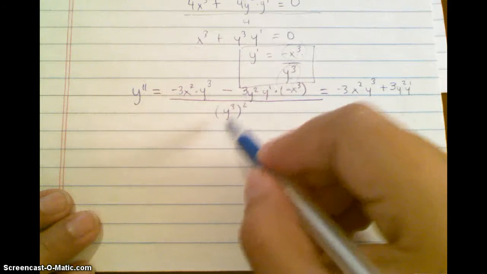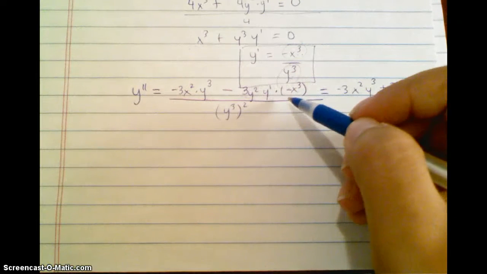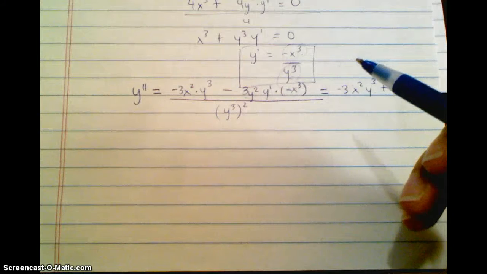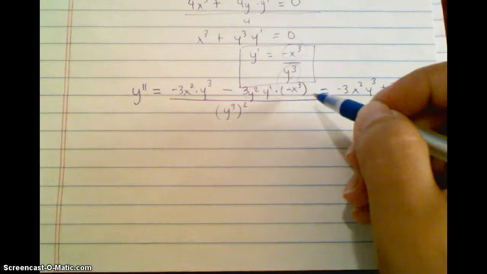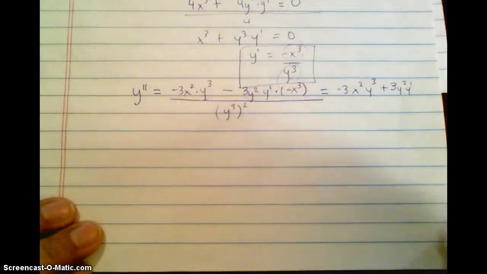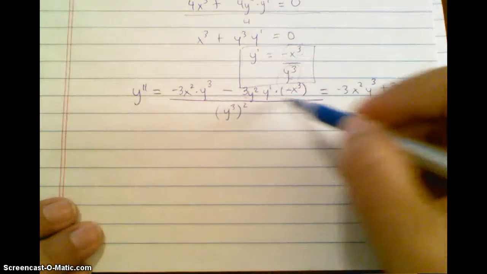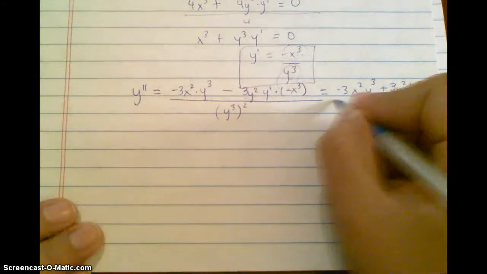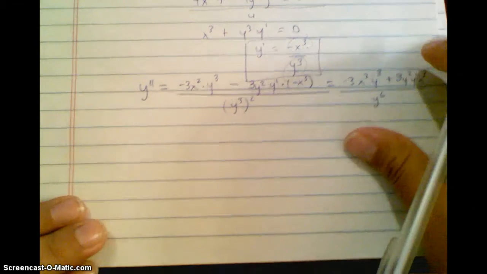This is the derivative of this one times the top. Let me see. So paranoid. No, everything is fine. Okay. Y prime x cubed over y to the 6.